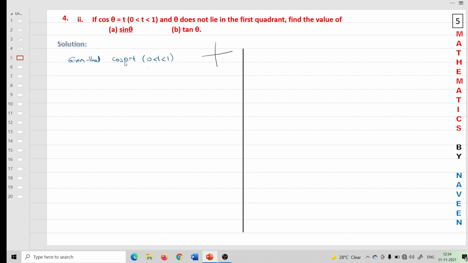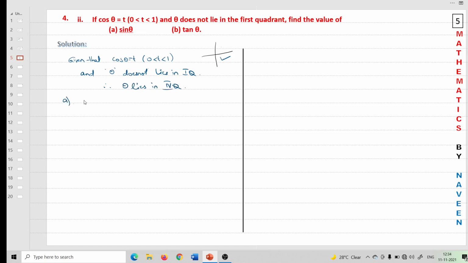Theta does not lie in the first quadrant. Therefore, cos theta is positive in the first and fourth quadrants, and it is mentioned that theta does not lie in the first quadrant, which means theta lies in the fourth quadrant only. Clear?